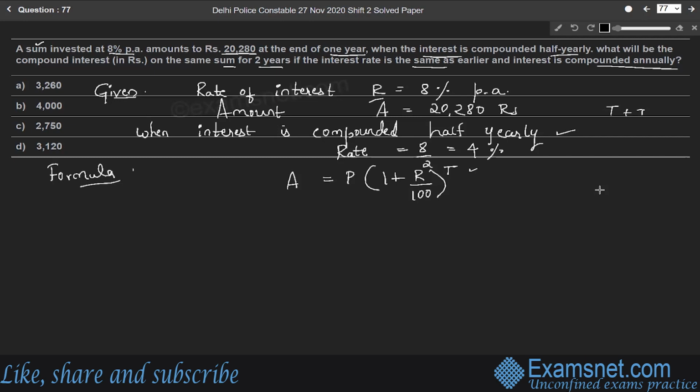So therefore, calculation. Let principal be rupees X. Right? So the formula becomes A. What is the amount? 20,280.